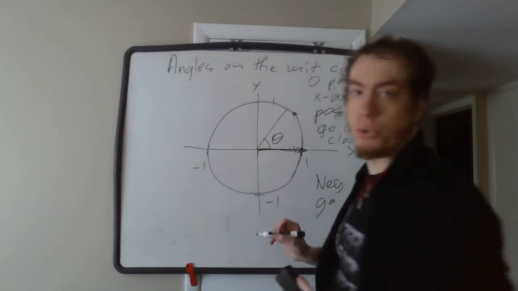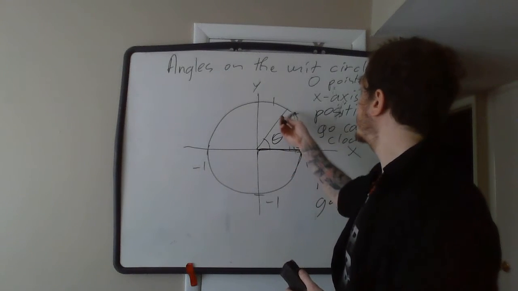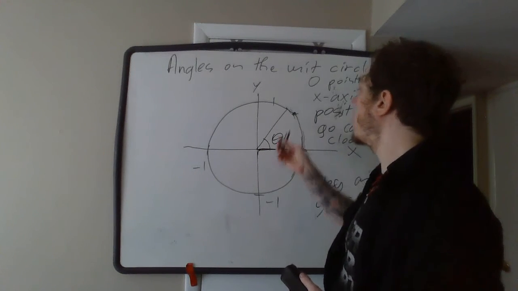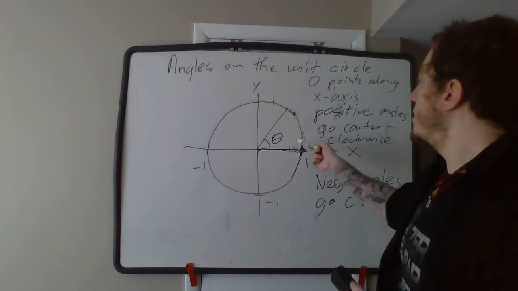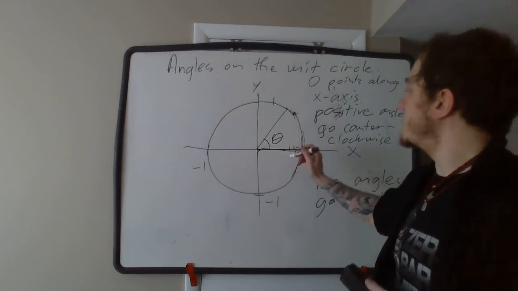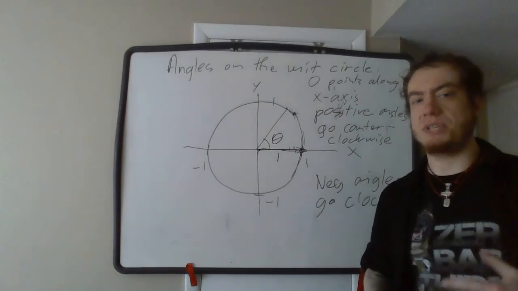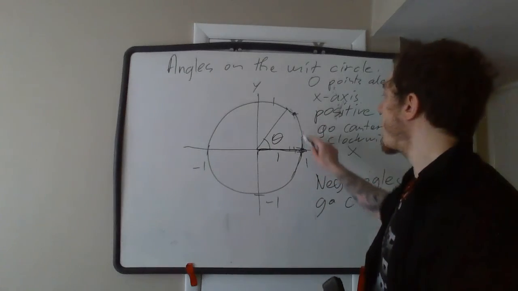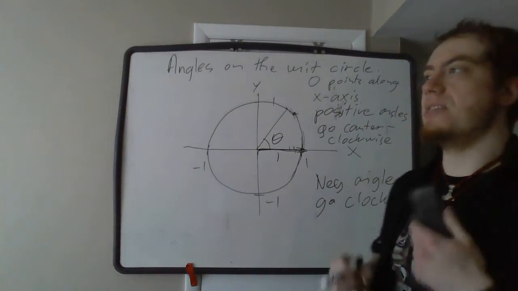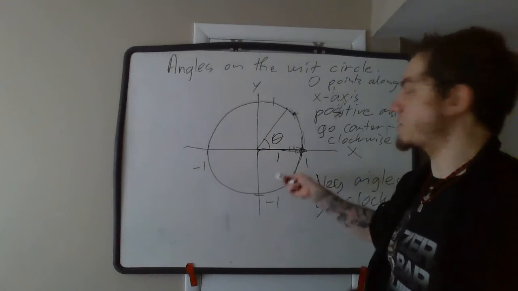Now, if I have some angle on here, let's call that angle theta. Well, remember that the radians just tell me the distance around the edge of this circle that I go as I'm moving along here. In fact, it's really just the distance in this case because this circle has a radius of 1. So normally the angle tells me how many multiples of the radius I've moved around the edge of the circle, but in this case, it really is just telling me the distance because the radius is 1.